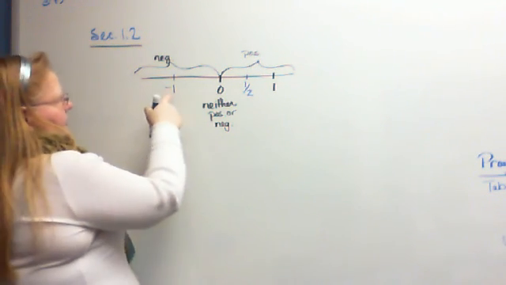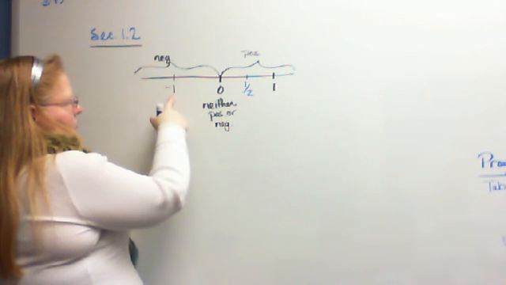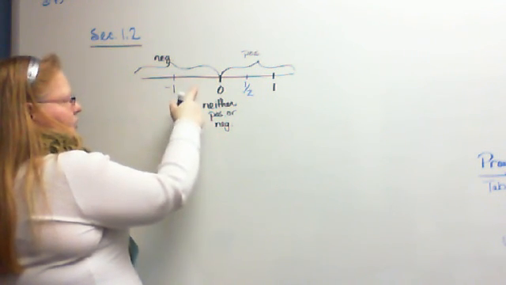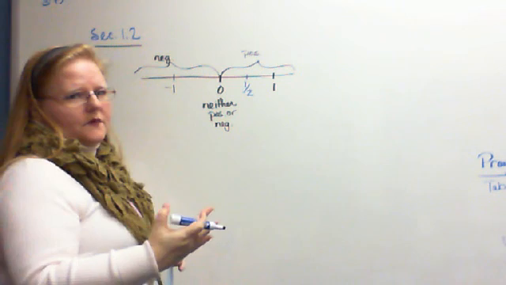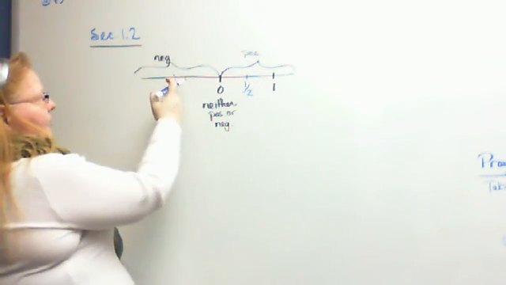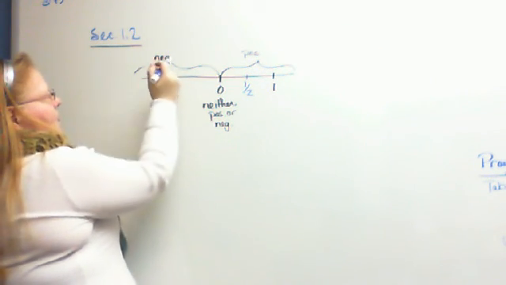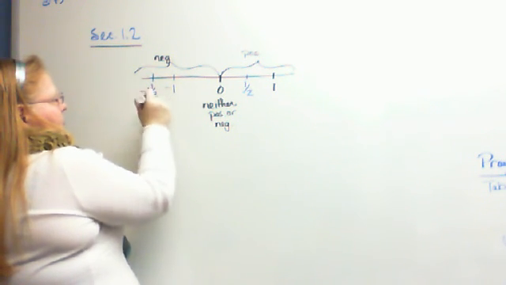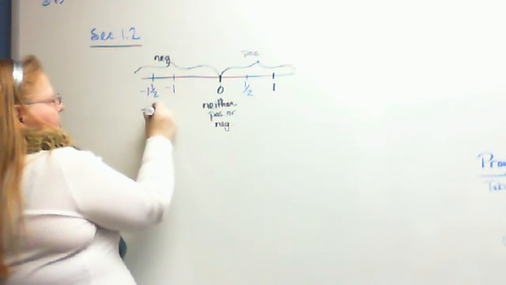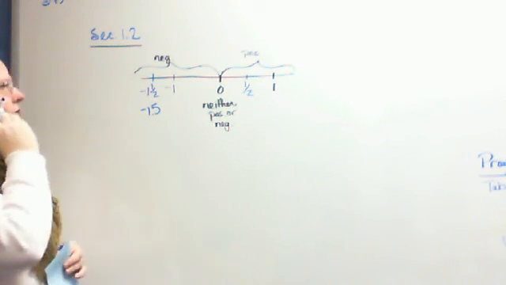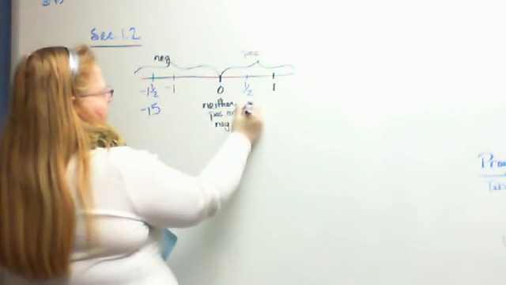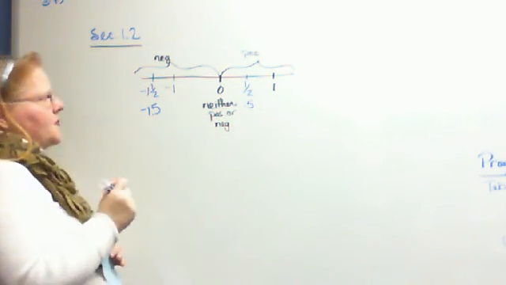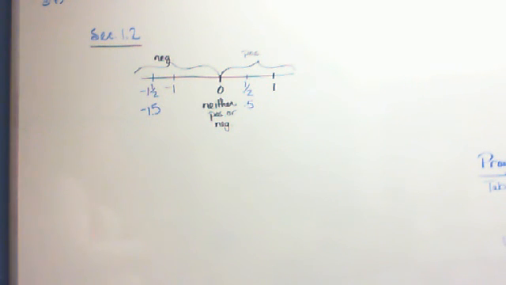Everybody wants to say that negative 1 is here, so negative 1 and 1/2 would be here. But remember, we're going in a negative direction, 1 whole plus another half. So we still got to go in that negative direction. So negative 1 and 1/2 would be here, or negative 1.5, either way. Just like this is a positive 0.5. Doesn't matter which way you write it.